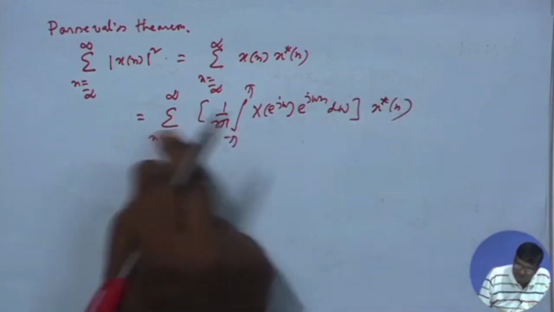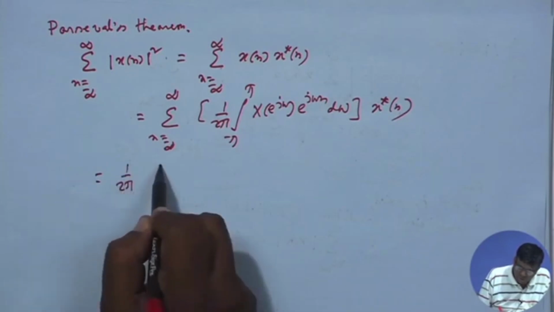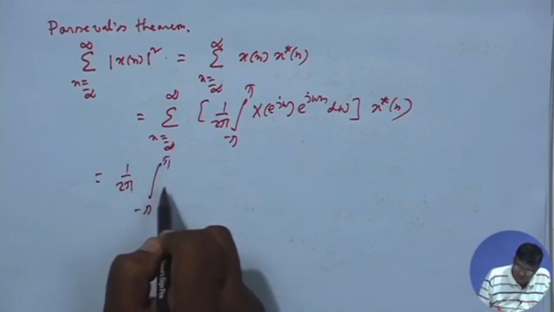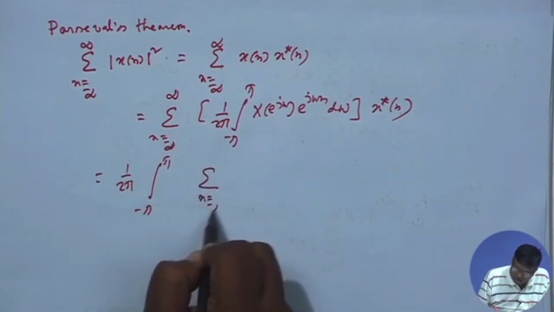Then there is a double summation. Next step is to interchange the two summations, 1 by 2 pi goes out. Minus pi to pi outside with respect to omega. Inner summation is with respect to n.